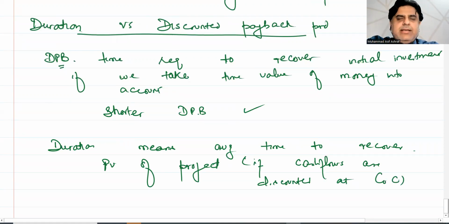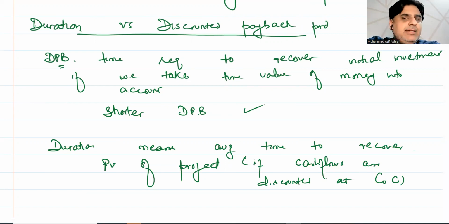This means there is a difference between duration and discounted payback. Discounted payback tells us the time period in which we will be able to recover our initial investment, while duration tells us the time period in which we will be able to recover the present value of the project.